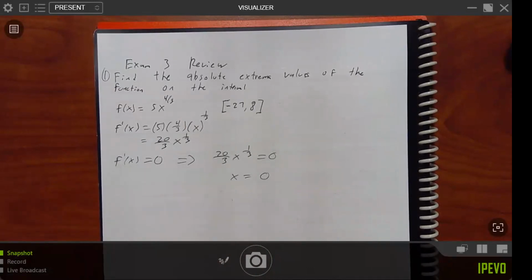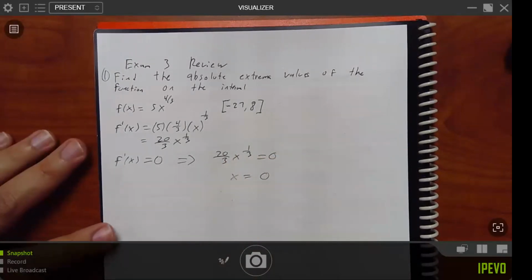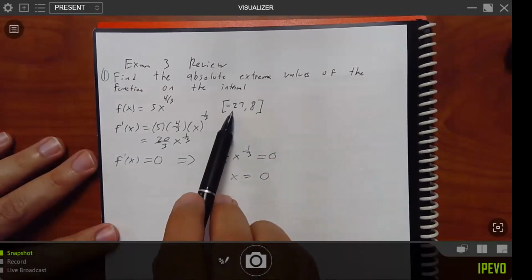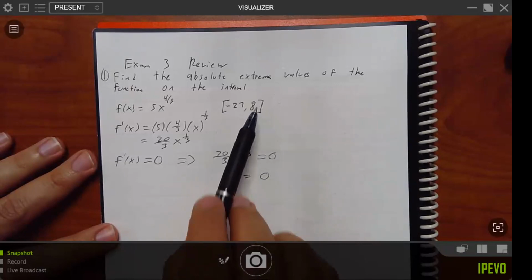I didn't show any work, but if I plug in a 0 there, that's the only way this will be 0. Okay, so we have to test negative 28, or 27, and the 8, and the 0.